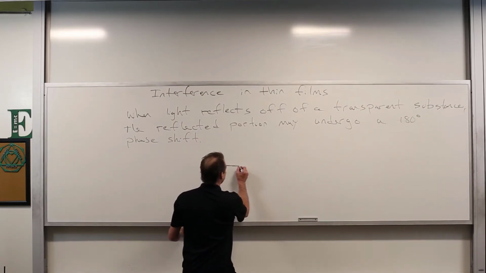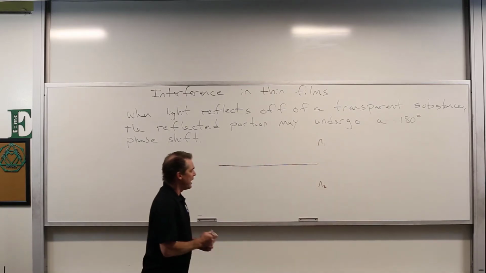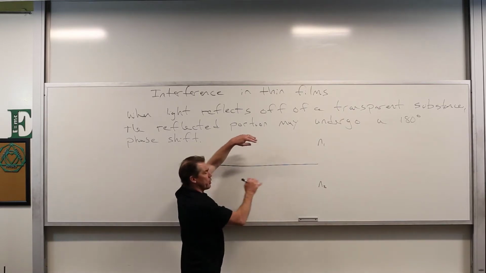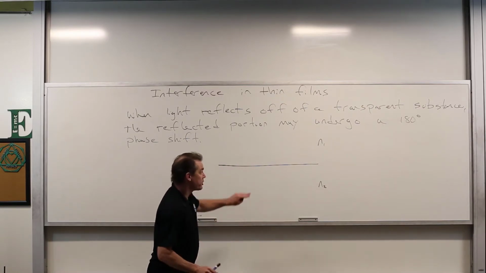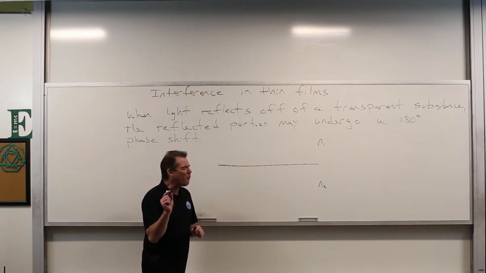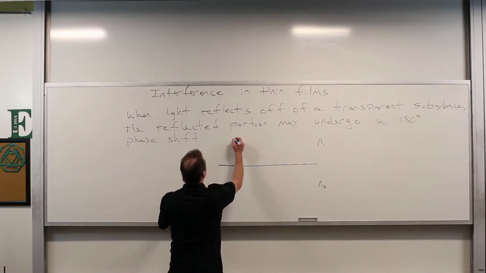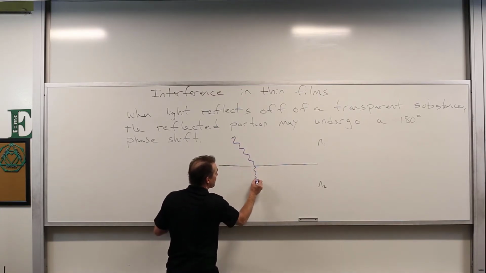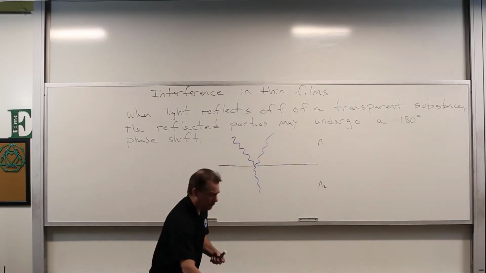So in general, we have some substance with N1 and some substance with N2, and anytime we have light interacting at a surface boundary between two substances, where one substance is optically transparent, we will have some reflection and some refraction. We've looked at refraction before, but we'll always get some amount of reflection too off of the surface. So some light comes in, strikes here, and some will undergo refraction and some will undergo reflection.